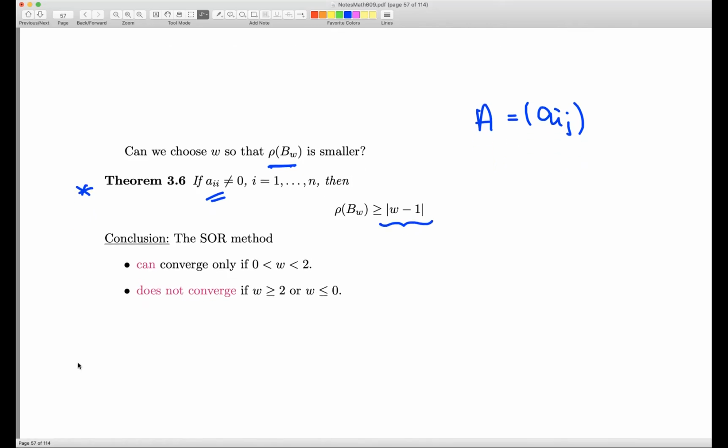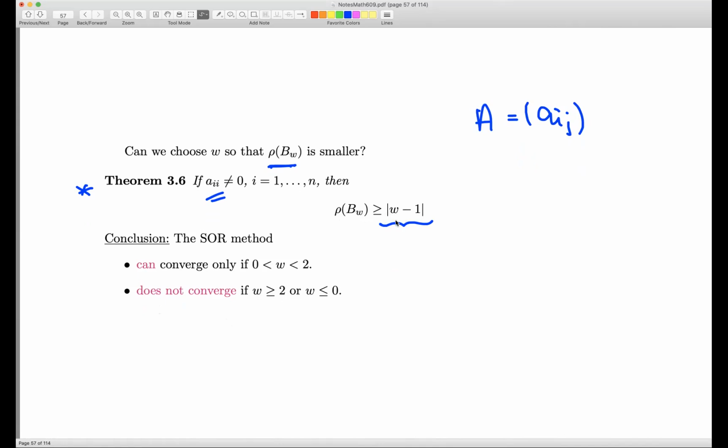So what does this theorem give us as a conclusion? This theorem gives us first that the method does not converge if omega is bigger than or equal to 2 or less than 0. Why? Because let's say pick omega to be 5. If omega is 5, then the spectral radius will be bigger than 4.